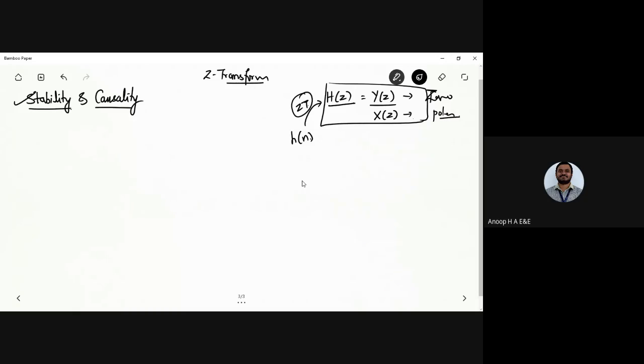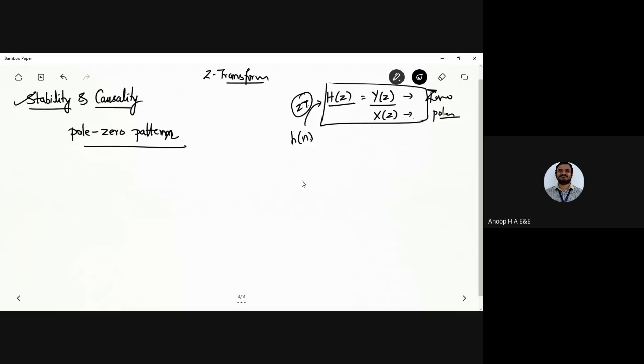Now when I want to talk about the stability and the causality of the system with a given H of Z, one thing that determines it is the pole-zero pattern. A very important concept here. It will definitely be asked in your competitive exams, any competitive exams as a matter of fact.